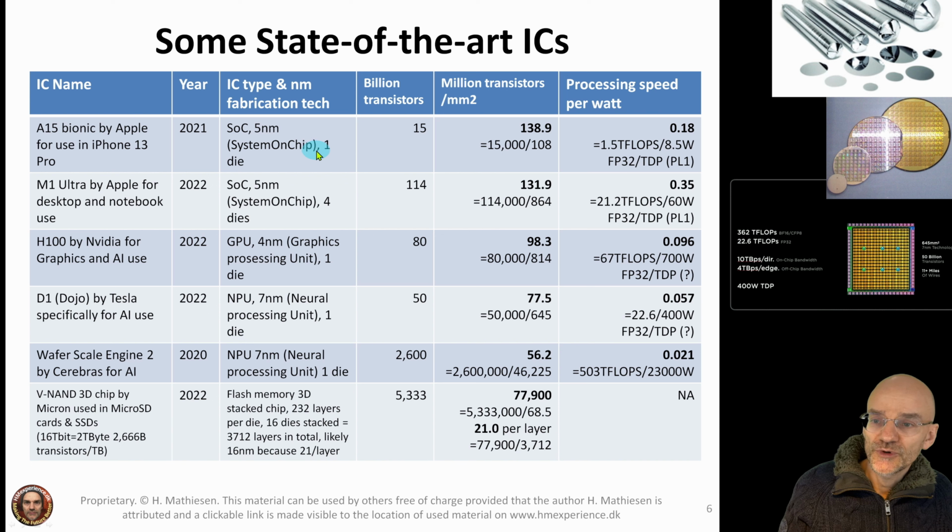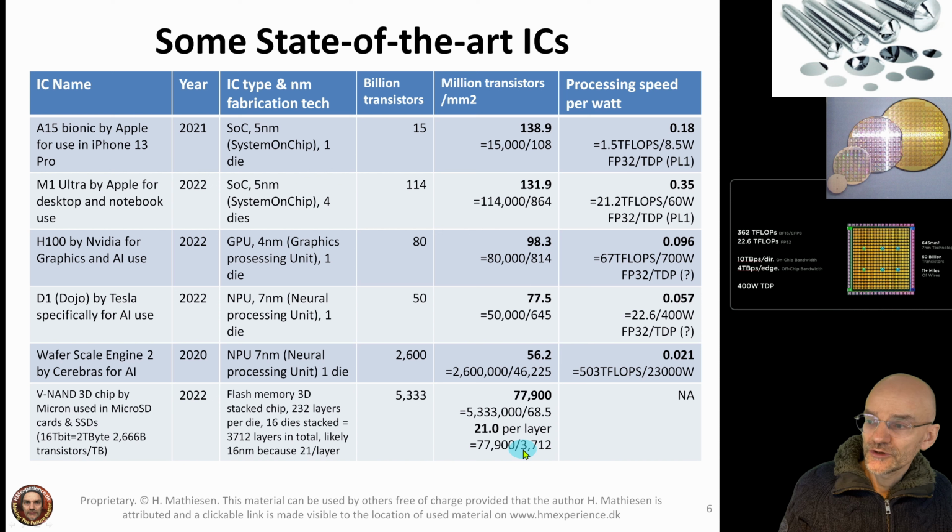But not with memory chips, where you only have to access the memory that is stored in some transistors occasionally, because it's a huge block and you only read a little bit of total memory in that chip. So there are really no heat issues when making memory chips, and that means you can stack them. And this specific chip has stacked 232 layers per die, and it has 16 dies that are then stacked on top of each other.